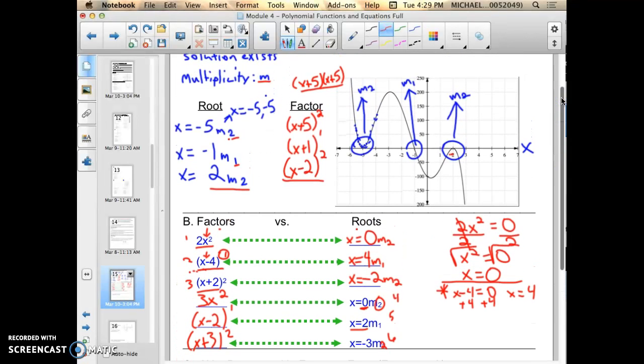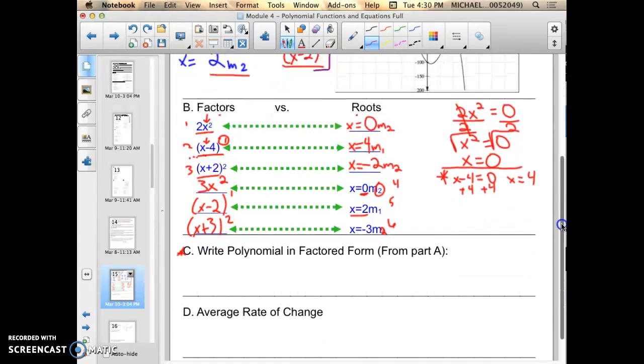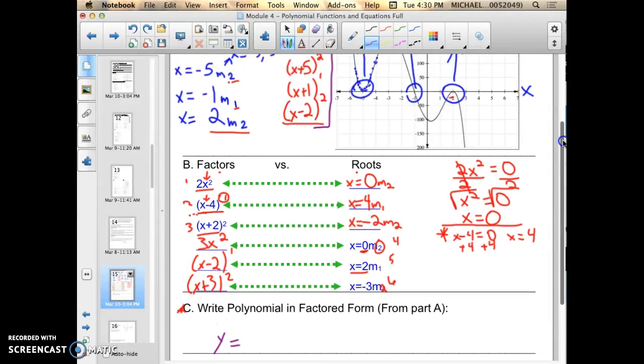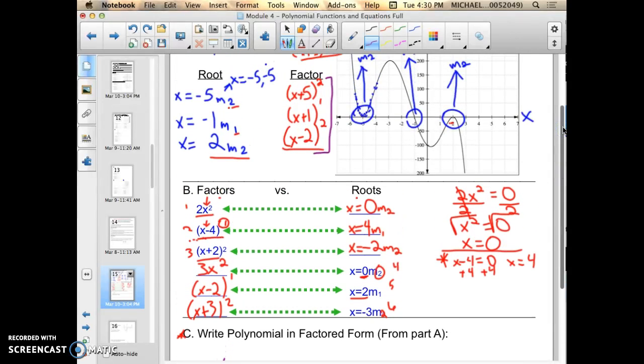So I'm going to go back up to here, and we've already denoted the factored form here, but this is the expectation of factored form. So I'm going to have y equals my factors. I found the roots. Remember this process. I found the roots originally by looking at the graph. Here, here, and here. I've noted their multiplicities, and then I need to turn it into factored form.